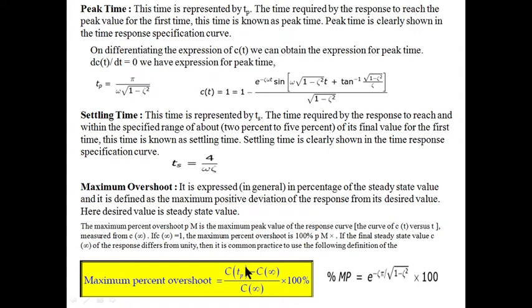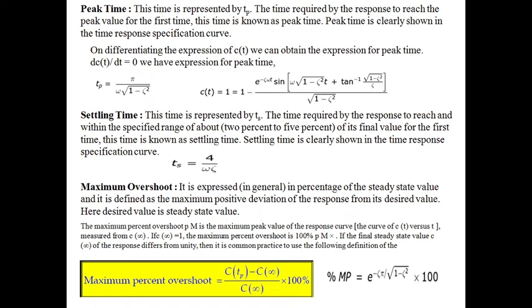It is the maximum value of the response at the peak compared to the value at steady state. In this way we get the maximum overshoot, the percentage by which the signal overshoots the steady state.